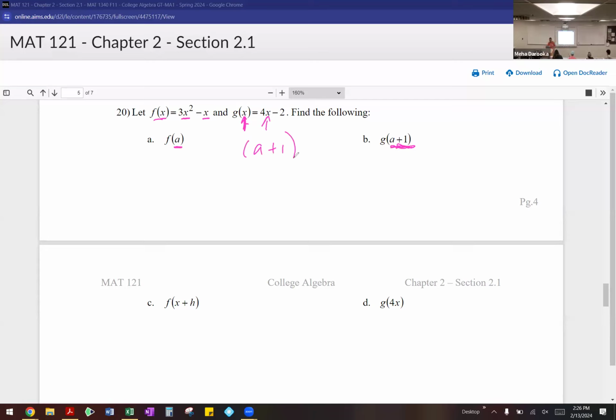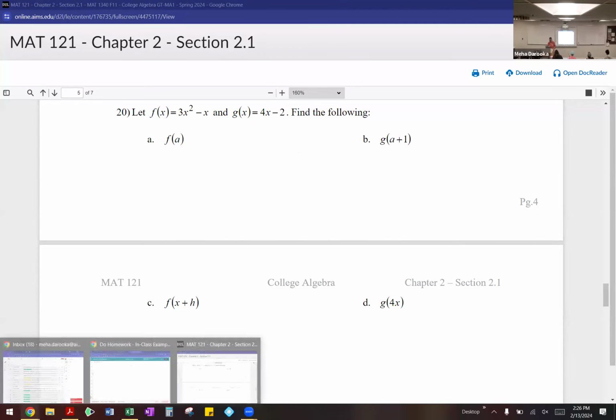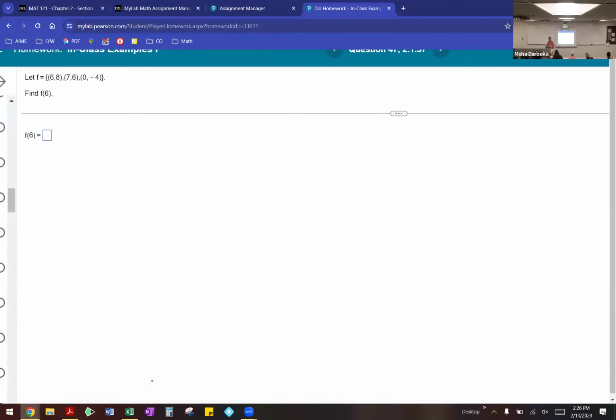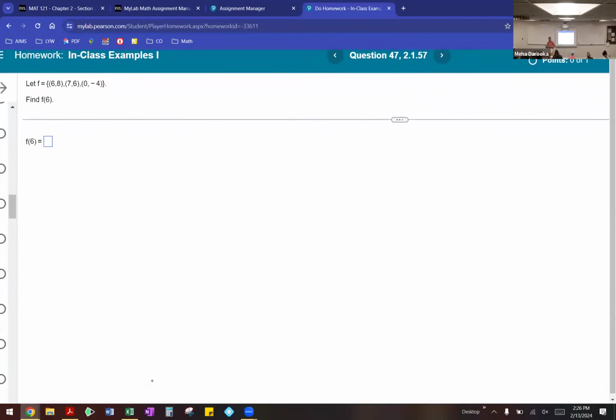So how about we pick a couple examples from MyMathLab, since we had done the handout last time. So let's take a look at this guy. Can you see that? Yes. So again, this one is given to us as a set of ordered pairs. You're given 3 ordered pairs, and they're asking you to find f of 6.